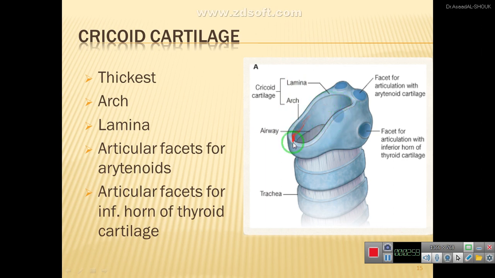Signet ring like, يعني signet ring يشبه الخاتم مو الحلقة, and it is the only circular cartilage in the respiratory tract, because here in the tracheal rings and above we have an incomplete circle, C shape like, while this one, the cricoid cartilage, is the only complete circle.